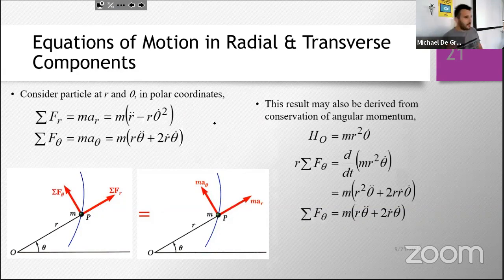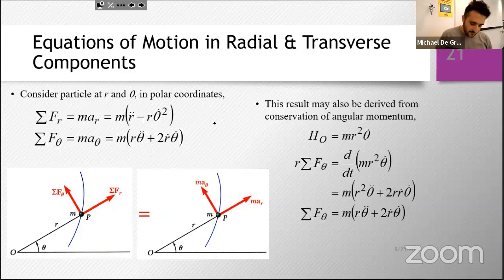But if I wanted to talk about this in terms of angular momentum, capital H is what we're going to use in our class. Angular momentum about a point O is equal to mass times the radius squared times theta dot, which is the angular velocity.